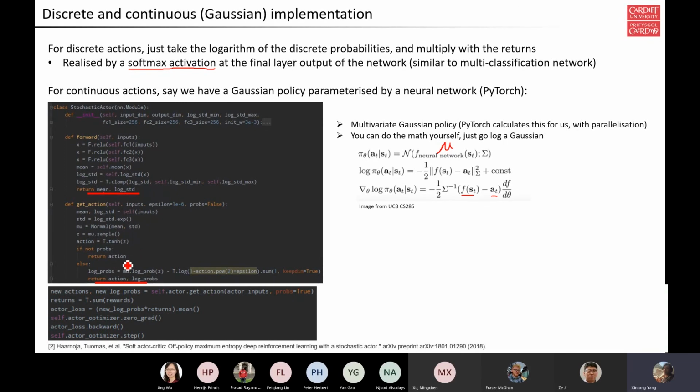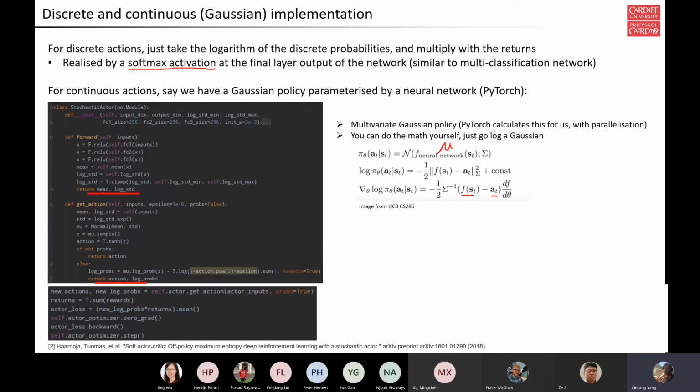But when we want to update the network, we will need the log probabilities, which PyTorch computes automatically, which is quite convenient. The bottom part here is the update part.